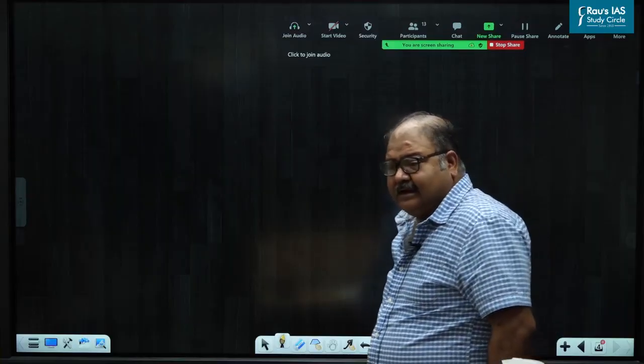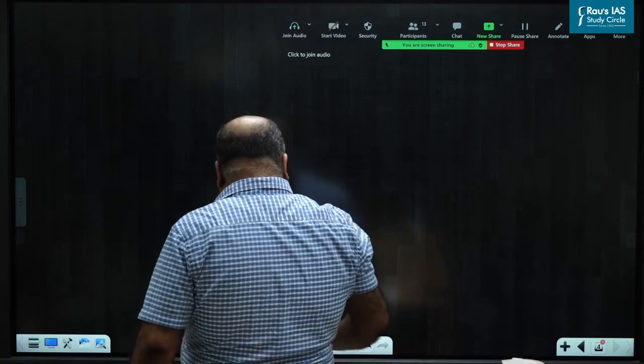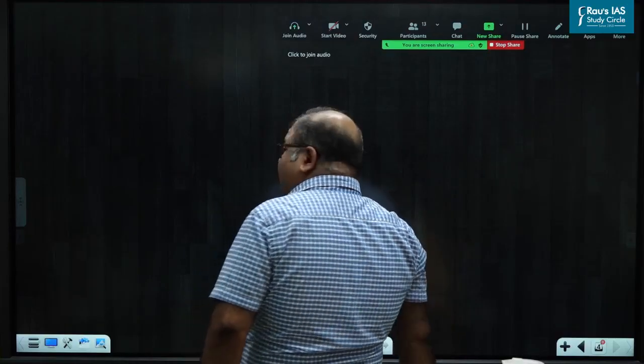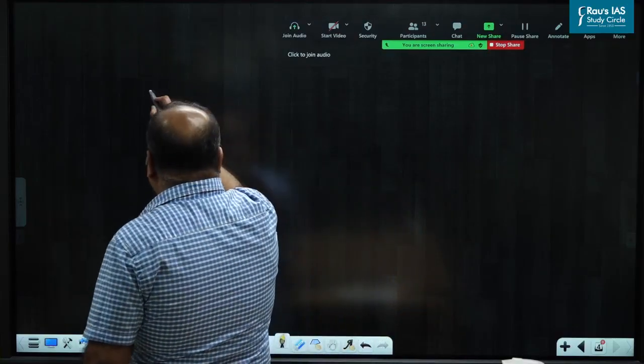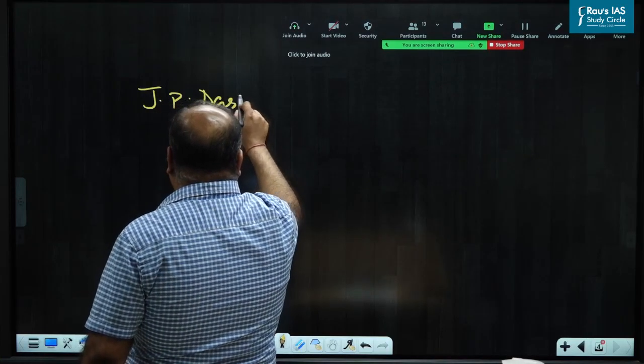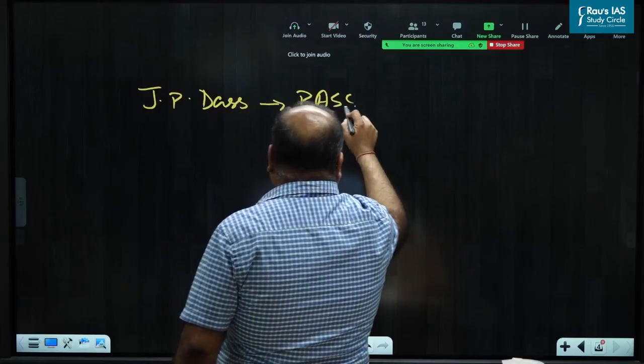Okay? And finally, the latest theory, that is process theory, is J.P. Das's PASS model.